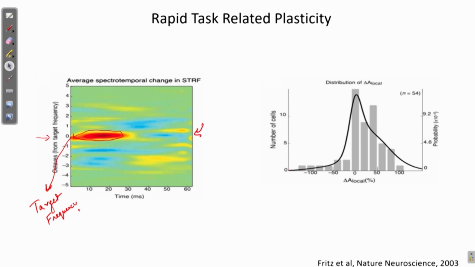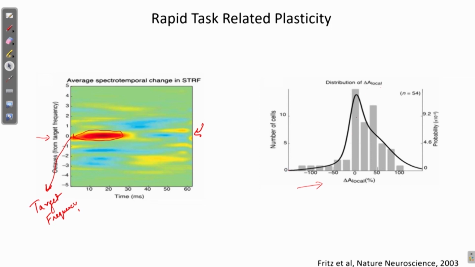Now, what they looked at is the overall change in the region, quantified by delta A local, by averaging the energy in that region. What is shown on the right-hand side is a histogram of the amount of change in the local region of the target frequency.